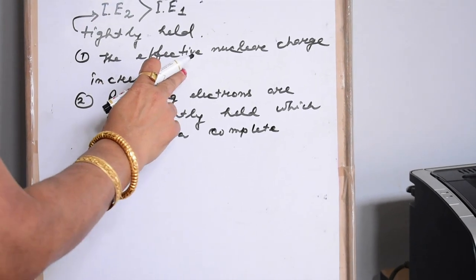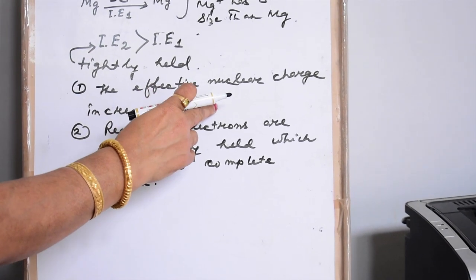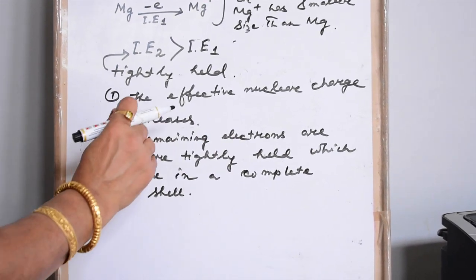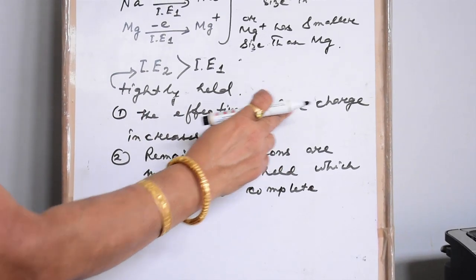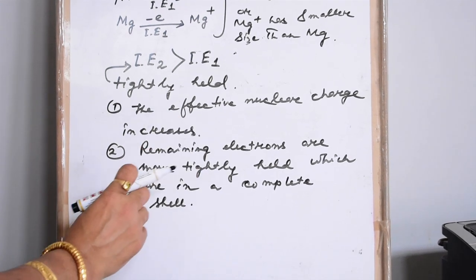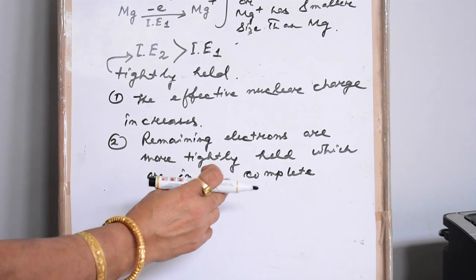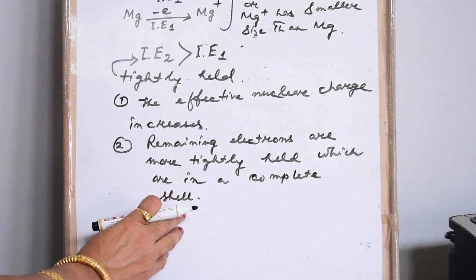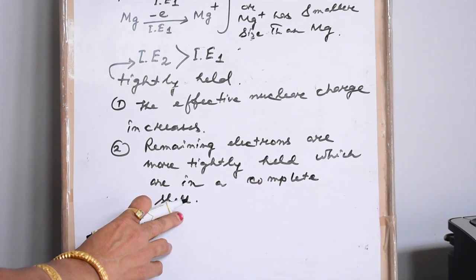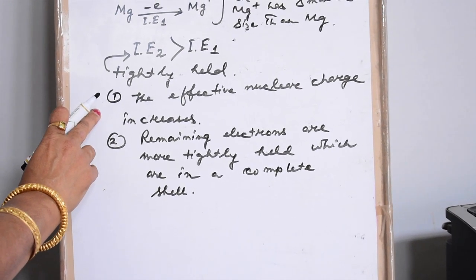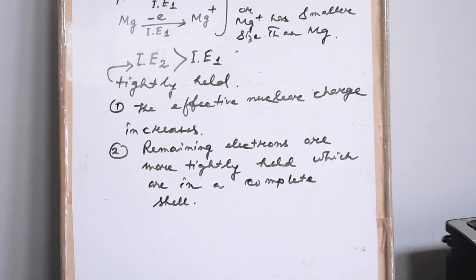That means to remove the third electron, we have to apply a much greater amount of energy because the effective nuclear charge increases and the remaining electrons are more tightly held in a complete shell. So it is more difficult to remove the third electron for the group 2 metals.